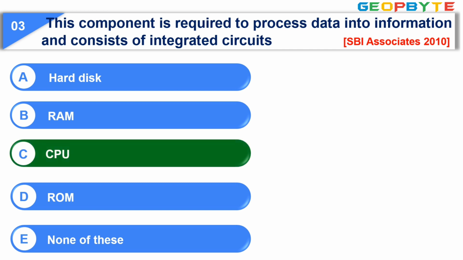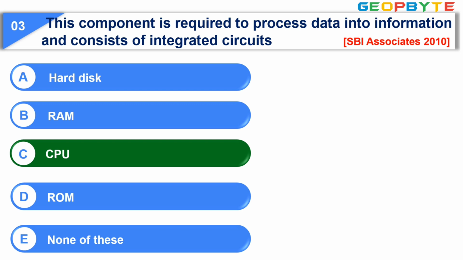And the correct answer is option C, CPU, Central Processing Unit, which is responsible for processing the data into information and which consists of integrated circuits for processing these data.